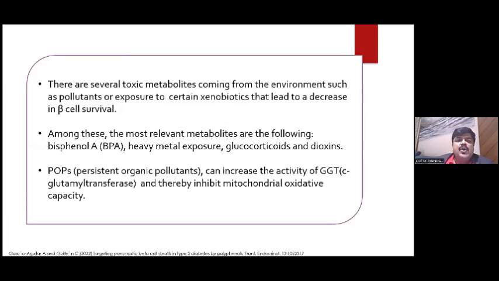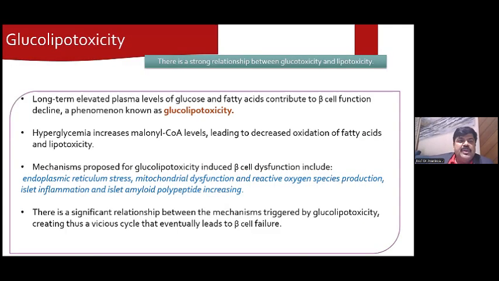So, there are several toxic metabolites coming from the environment, such as pollutants or exposure to certain xenobiotics, that lead to decrease in beta cell survival. Among these, the most relevant metabolites are bisphenol A, heavy metal exposure, glucocorticoids, and dioxin. Persistent organic pollutants can increase the activity of glutamyl transferases and thereby inhibit mitochondrial oxidative capacity.